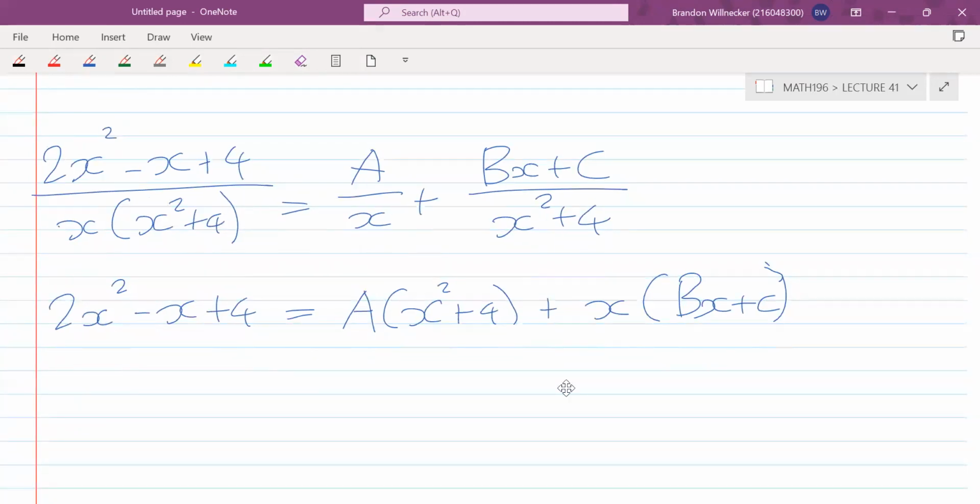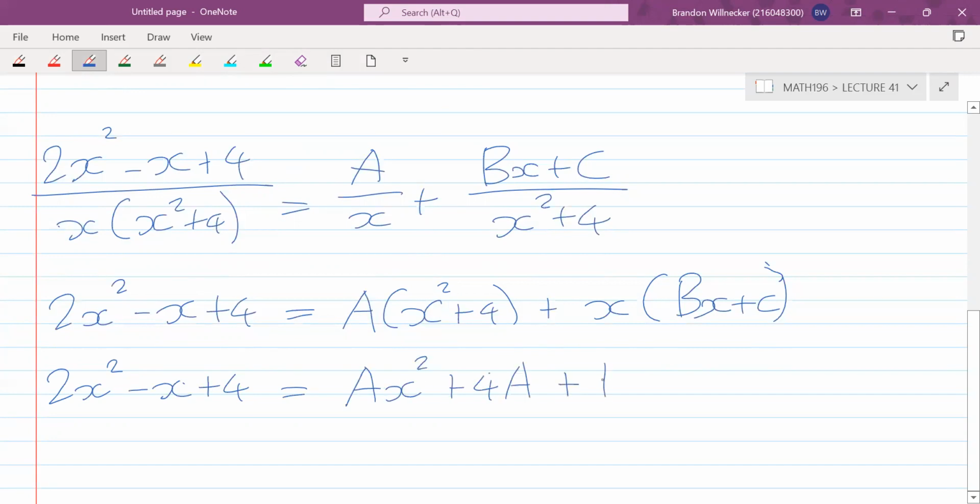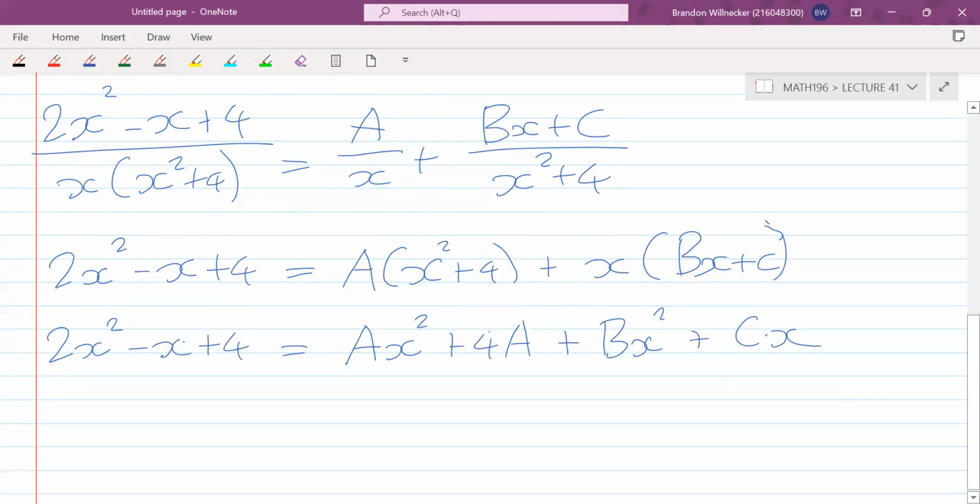Okay, so what we can do now is either choose different values of x, like we did last time, and then solve for A, B, and C, or what we're going to do this time is multiply the right-hand side out and then compare coefficients. So we're going to have 2x squared minus x plus 4 is equal to Ax squared plus 4A plus Bx squared plus Cx.